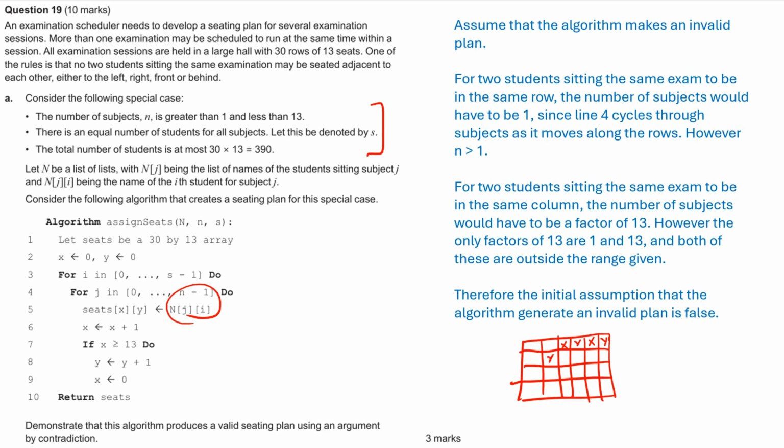If we used 5 different subjects, let's call them just 1, 2, 3, 4, 5, 1, 2, 3, 4, 5, 1, 2, 3, 4, 5, 1. You can see they're never going to line up. They're certainly going to line up like row after row.